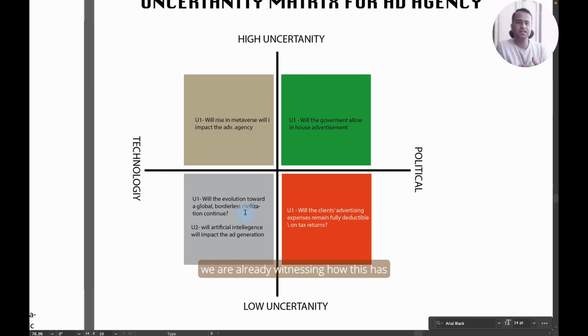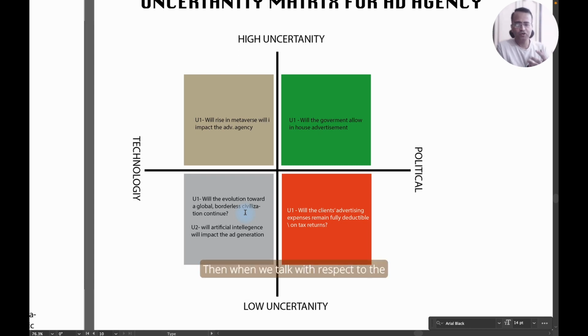We are already witnessing how this has changed the way we used to write content. So this is how you need to look into the impact on our advertisement agency, the advertisement writing, how ChatGPT will help us to write the ad slogans, the advertisement articles, the content, and many other things.